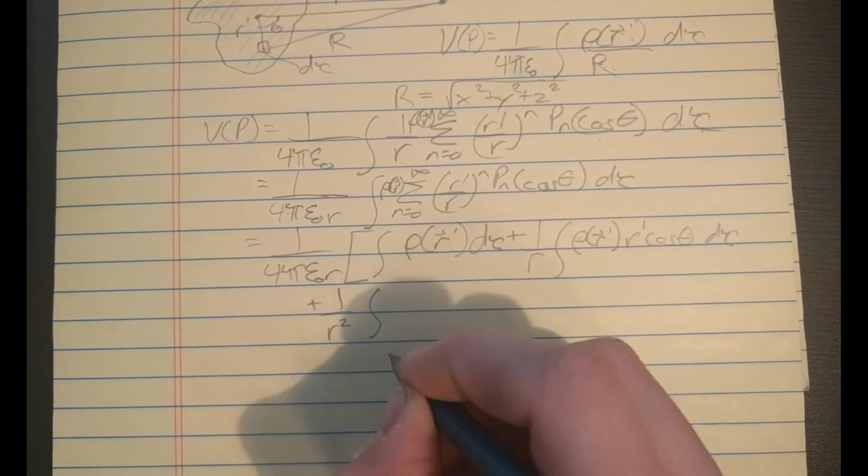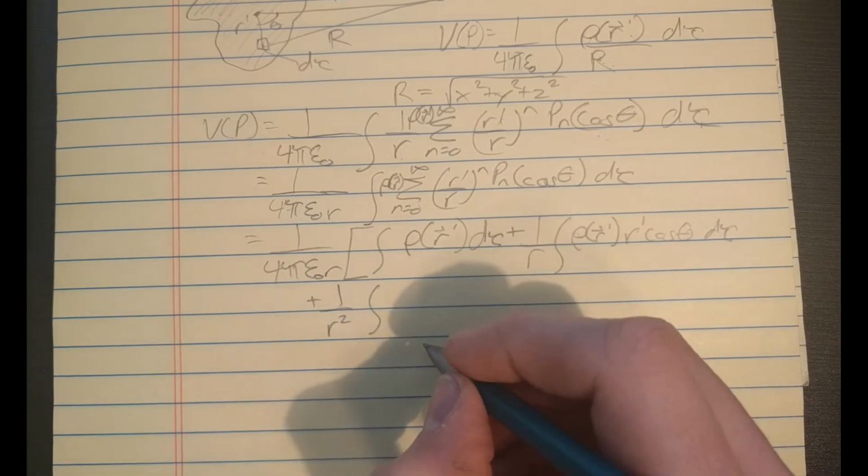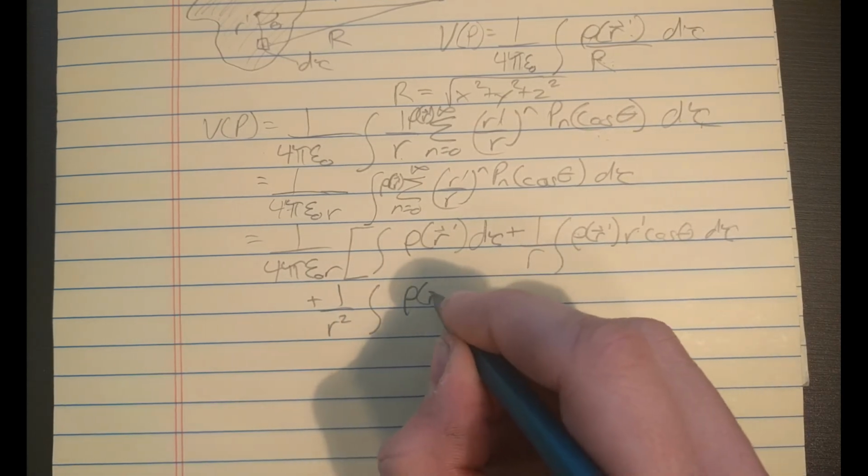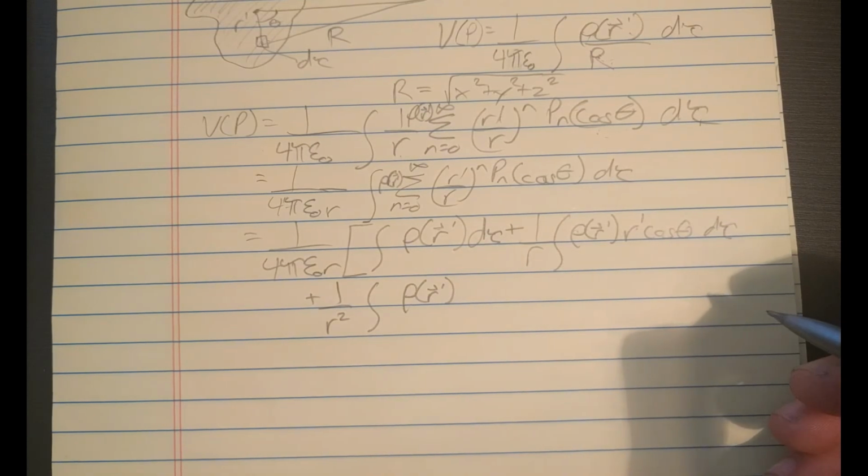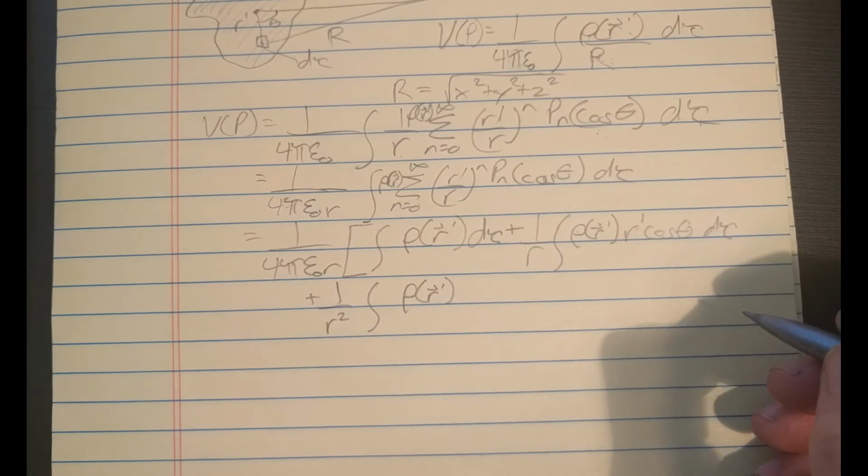Our second order Legendre polynomial is three over 2 cosine squared theta minus 1/2, which we also found a couple pages ago.